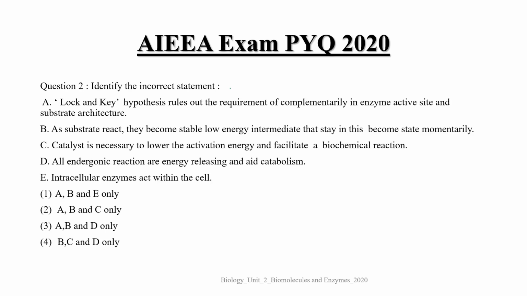Next question, question number 2. Identify the incorrect statement. They have given us 5 different statements A, B, C, D, E, and we have to choose one or more choices which are incorrectly mentioned. In choice A, what is written?